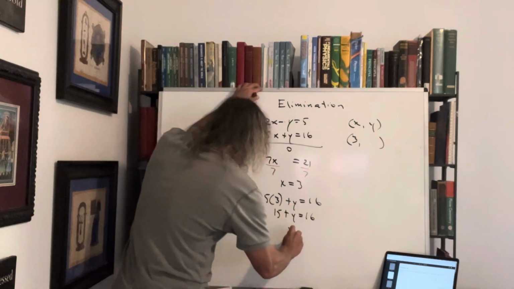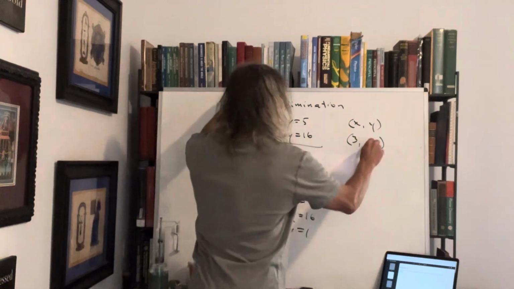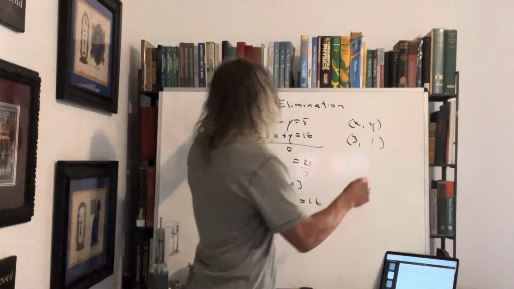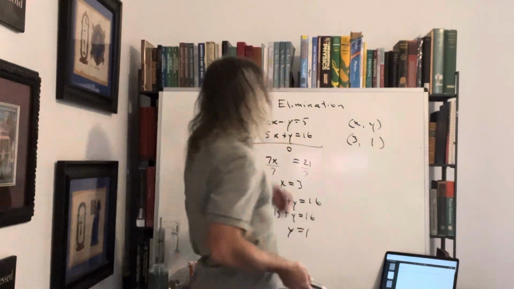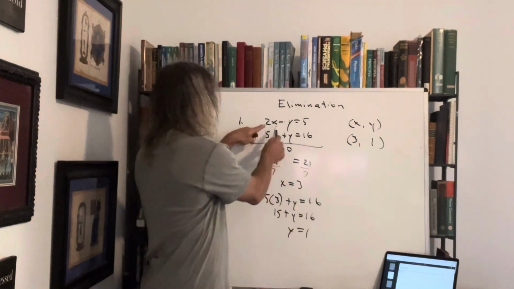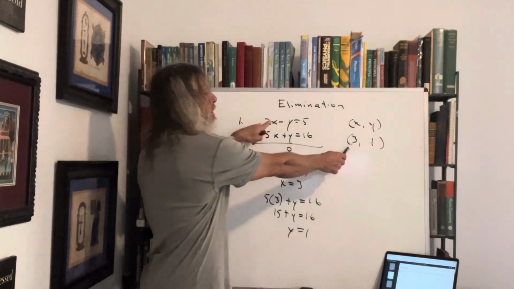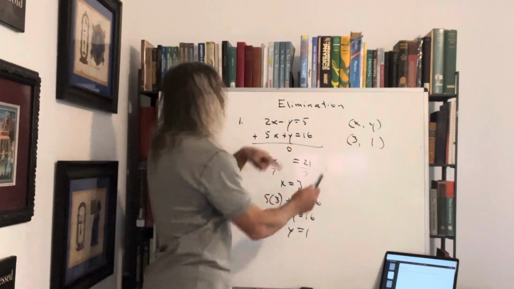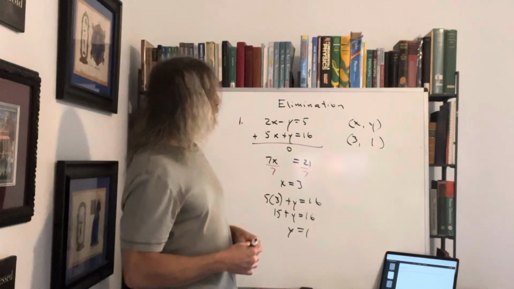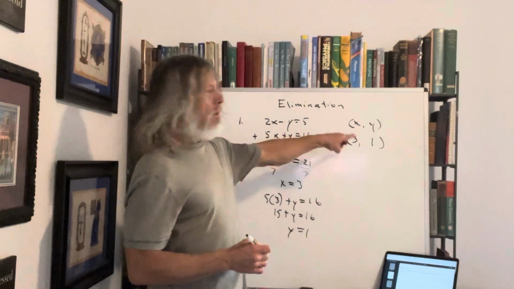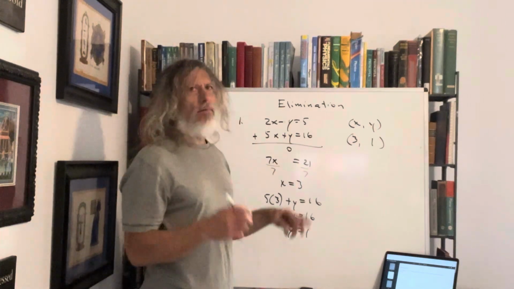Subtract 15, y is 1. So that is our answer. And notice it works in the other one as well. 2 times 3 is 6. 6 minus 1 is 5. So this works in both equations. So we've solved the system.